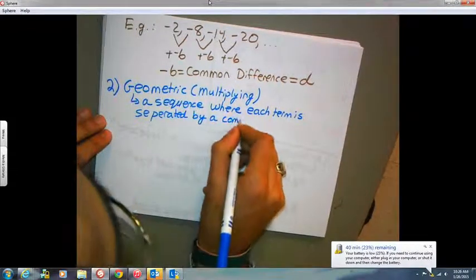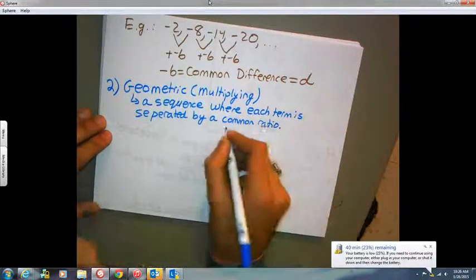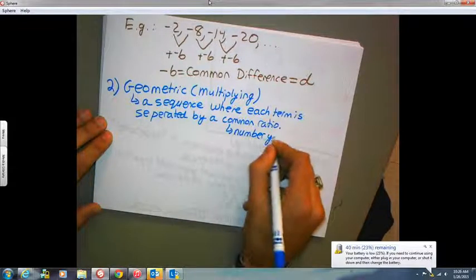Common ratio is the number you multiply to go from one term to the next.